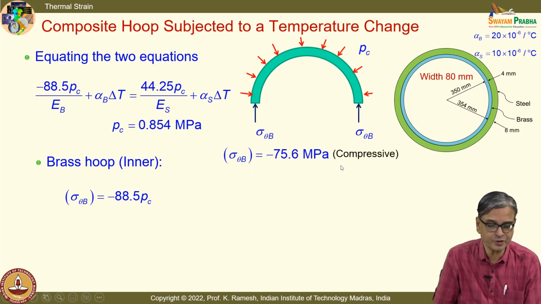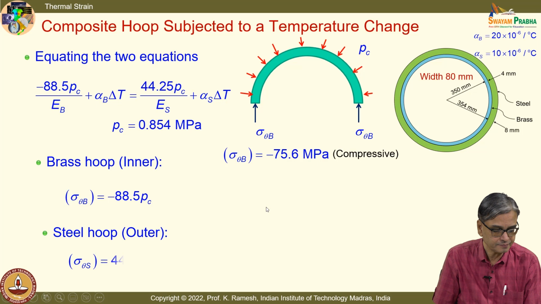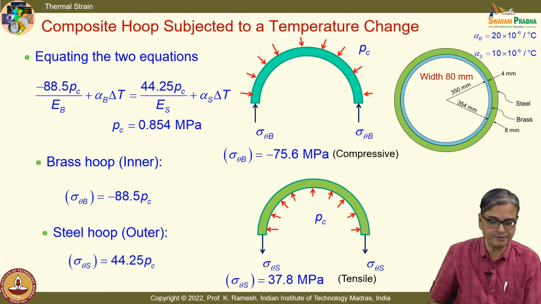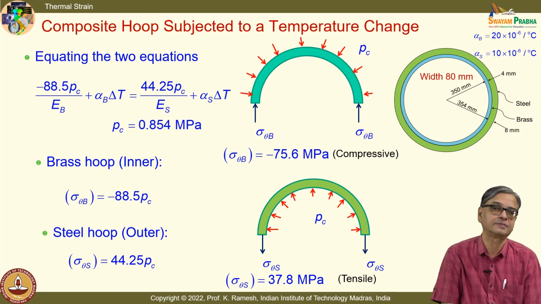Please check the computation and tell me that my numbers are all right. I get sigma theta b, the brass hoop, as minus 75.6 megapascal. And for the steel hoop, I have the stress as 37.8 megapascal.